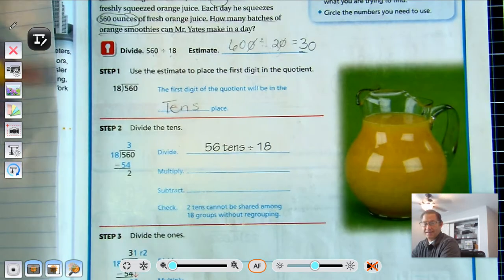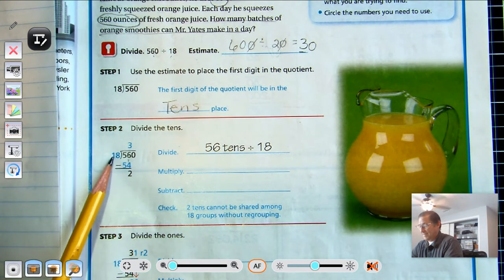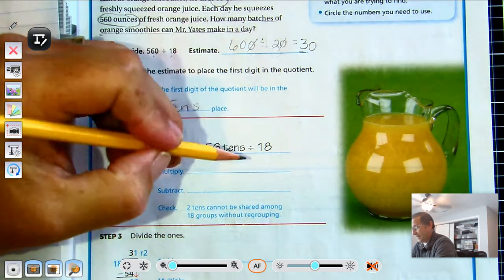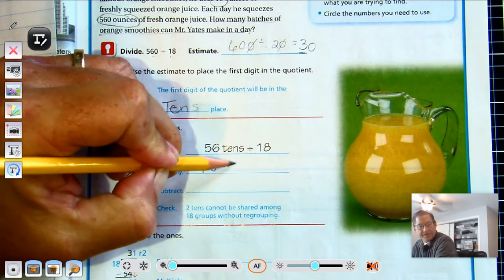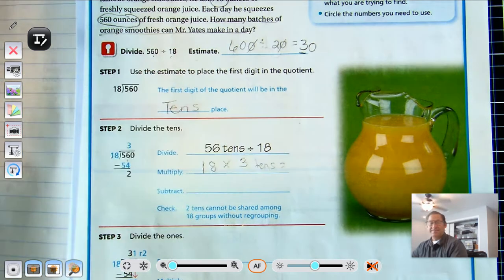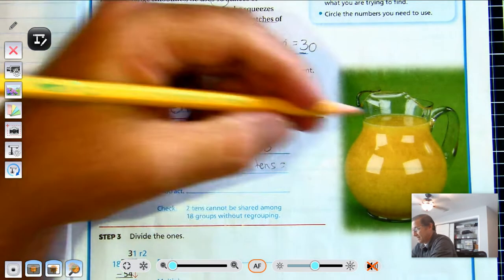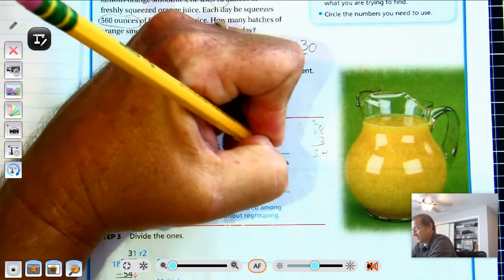All right, so let's divide the tens. So 56 tens divided by 18. And we're going to multiply. So 18 times 3 tens is 54.